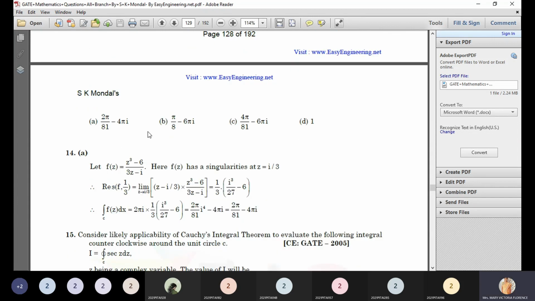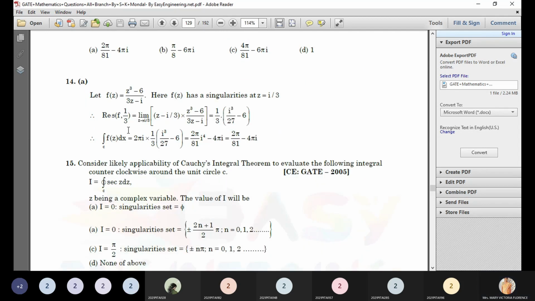The options are: A, 2 pi by 81 minus 4 pi i. B, pi by 8 minus 6 pi i. C, 4 pi by 81 minus 6 pi i. D, 1.